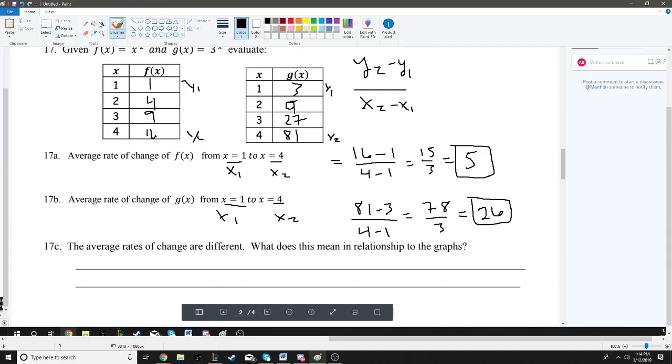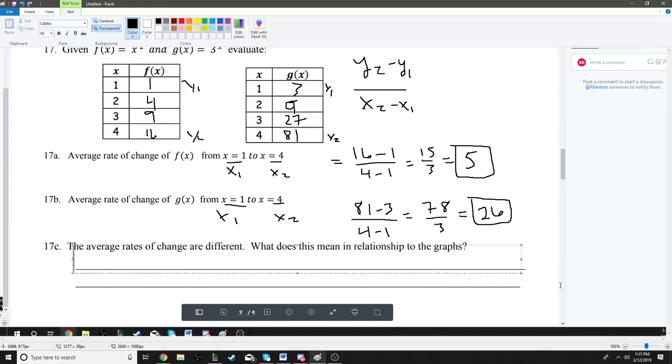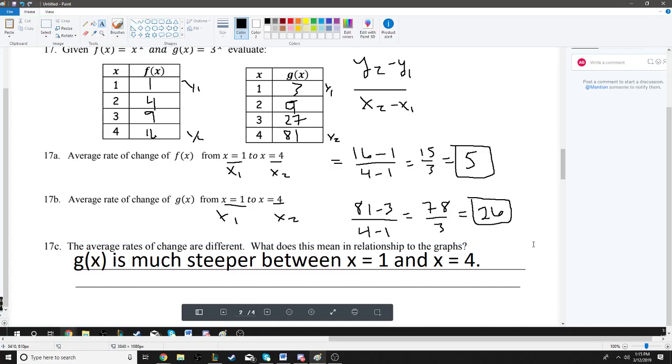So the rates of change are different, definitely. What does that mean? That means that g of x is much steeper between x equals 1 and x equals 4. That's all you got to know.